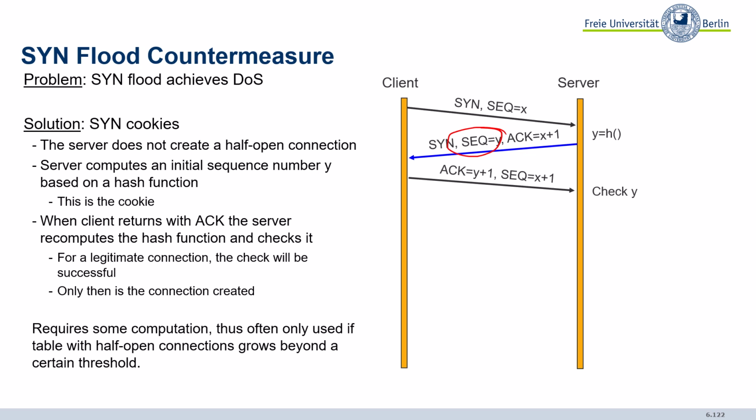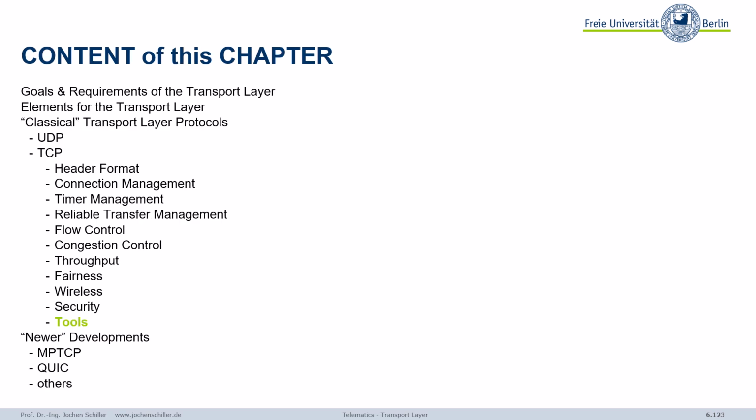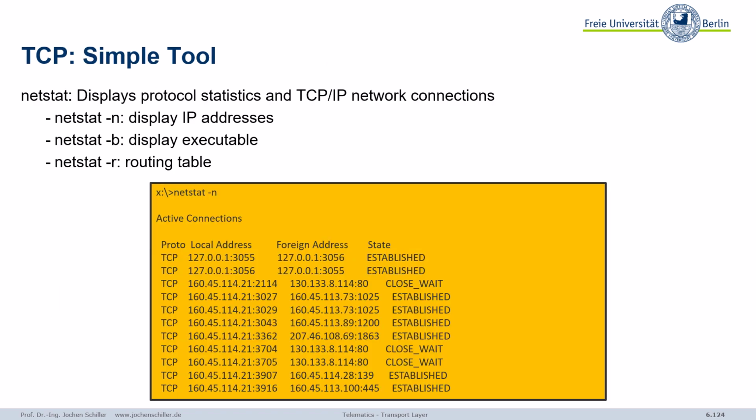And how can you find out what's going on? Well, there are some simple tools for TCP. One tool, Netstat, helps display protocol statistics about, among others, TCP and IP addresses, routing tables, all these things.